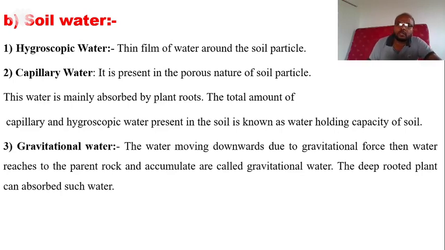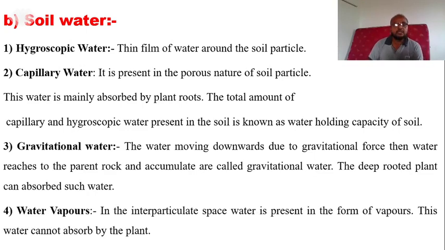That is, some water moves downward due to gravitational force, and then the water reaches the parent rock and accumulates there, and is called gravitational water, or it is also called the water table. There are some large trees, that is deep rooted plants, that can absorb this type of water. Otherwise agricultural plants or small plants cannot absorb this gravitational water.